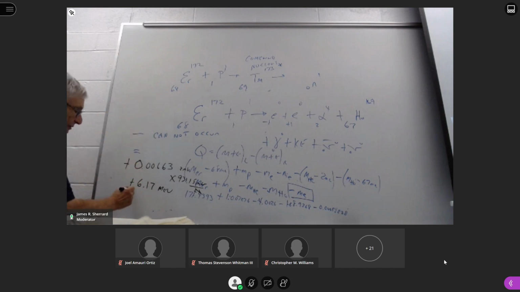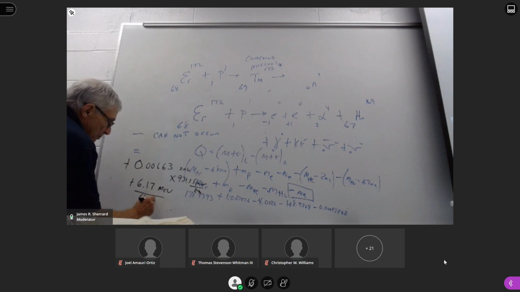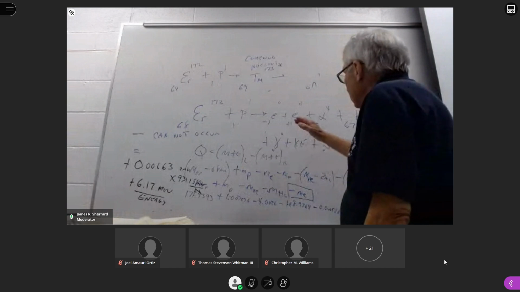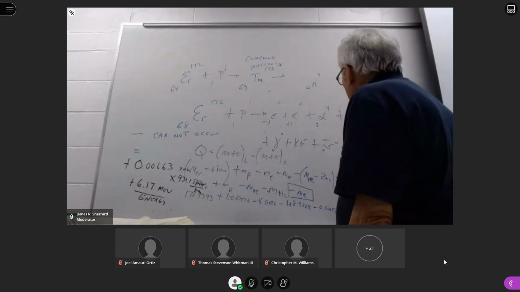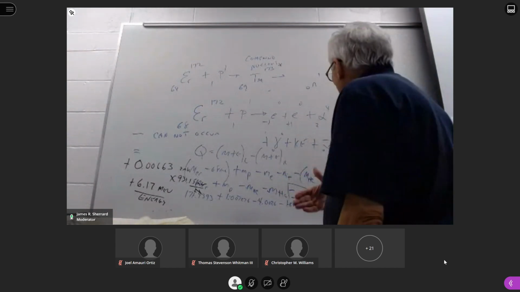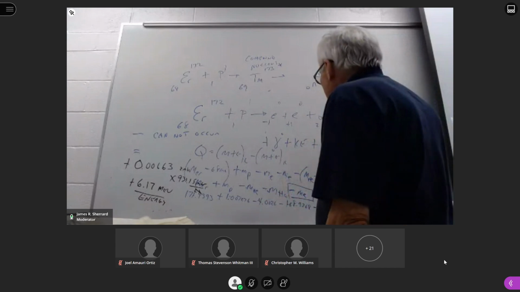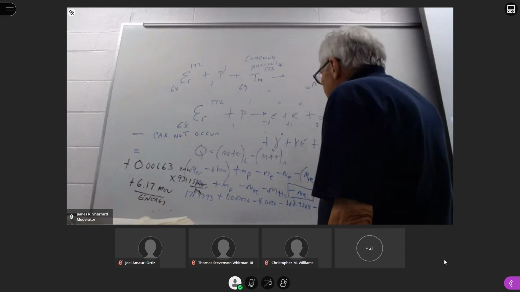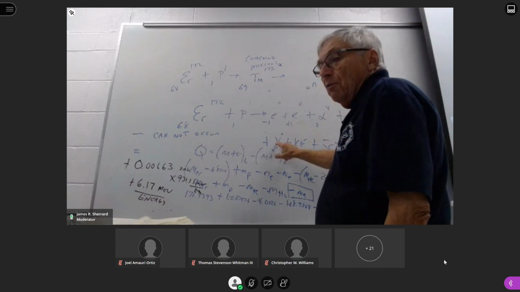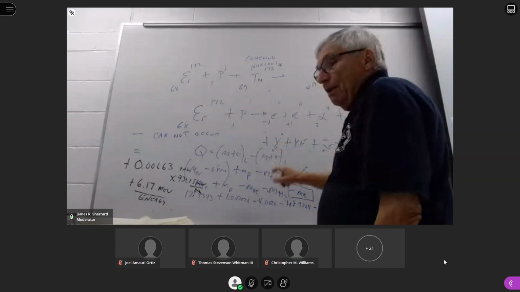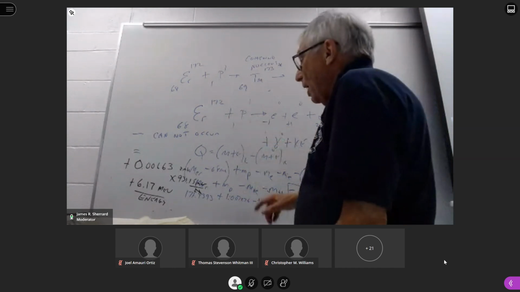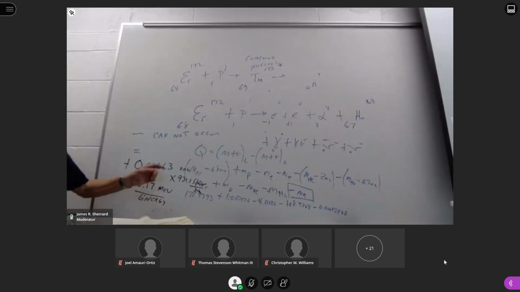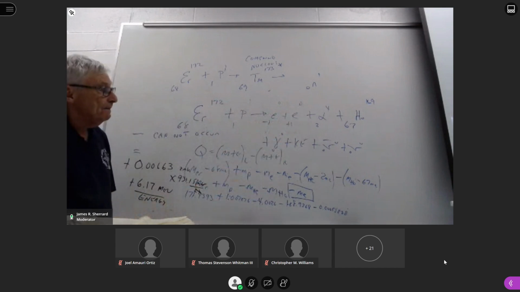And when it does, you will have this much energy left over to distribute on the right-hand side. That typically is going to be in the form of kinetic energy for the alpha, kinetic energy for the helium, and/or one or more possible gamma rays. Remember, when we write this equation, all we can tell is that it does occur and that this much energy is left for the right-hand side.